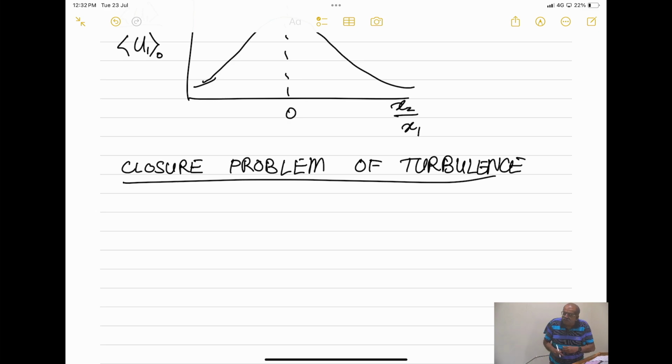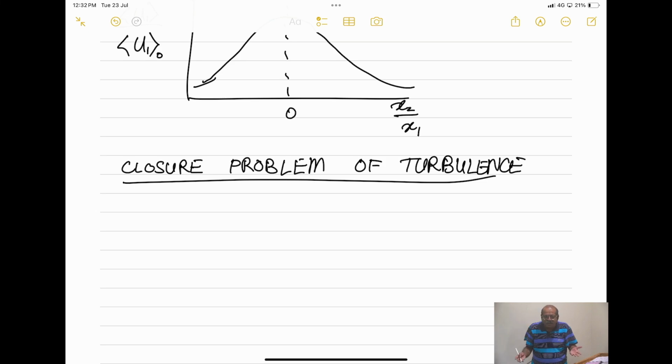Such an approach where we just solve the Navier-Stokes equation is called DNS, direct numerical simulation. But then we say we write the equation only for the mean velocity. But the mean equation will contain some fluctuating terms, which we will see, I think, by about the 3rd or 4th lecture. And then we say we have to write the equation for those quantities. When we write the equation for those quantities, we encounter higher order terms.